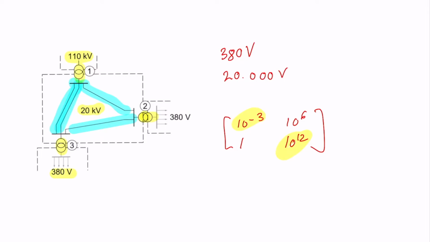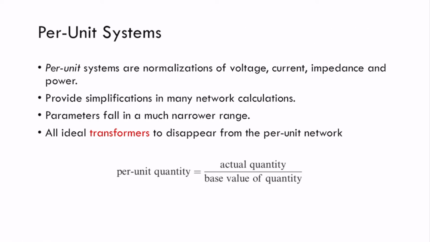In power systems, this is called per unit analysis. It is this normalization for all the values that we can find in a power system, like voltage, current, impedance, or power. This helps to have values in a very narrow range, and that helps a lot with computers.